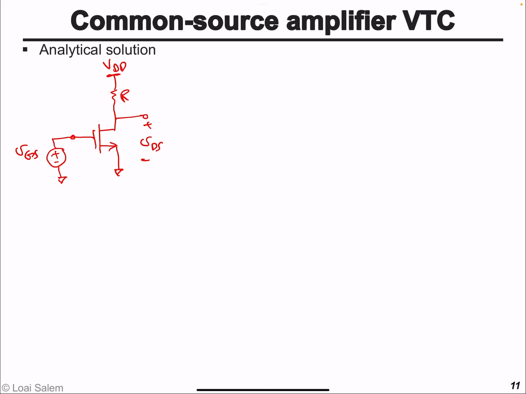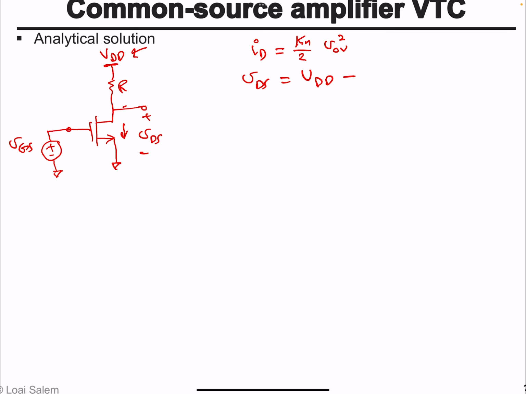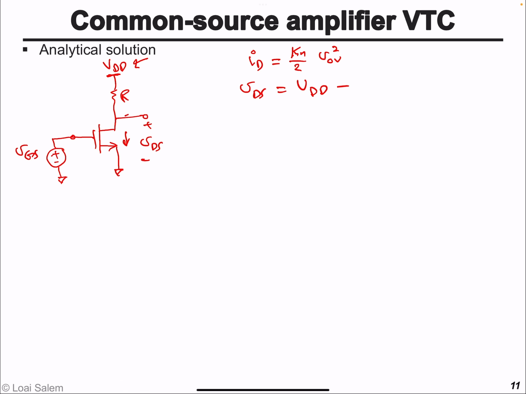So now, since the transistor is in the saturation region, its drain current, as we know, is given by Kn over 2 times V overdrive squared. Now, VDS will be basically VDD minus the voltage drop across the resistor, from KVL.